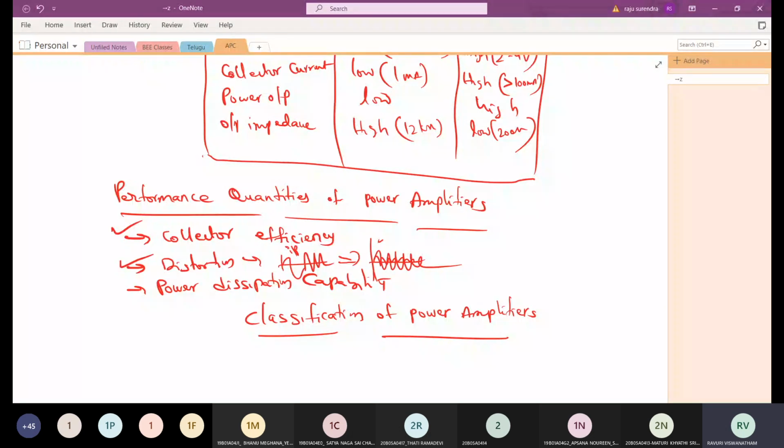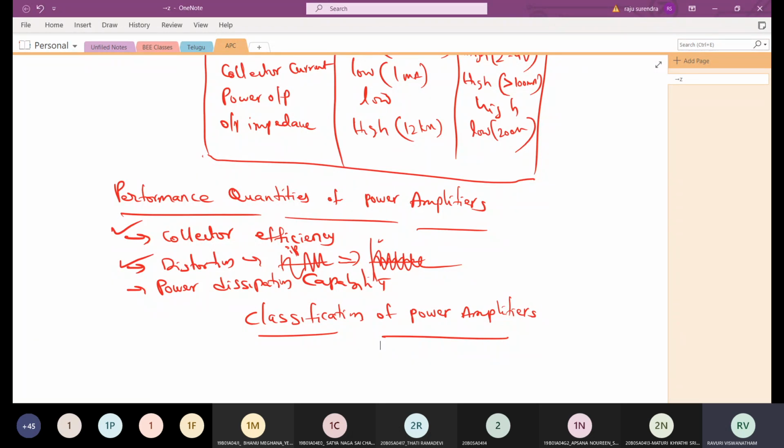Is that right or not? Yes, sir. Whenever we apply low inputs, we have to check when the diode or transistor enters the active region. Whenever we apply a large signal, the transistor goes into the saturation region.